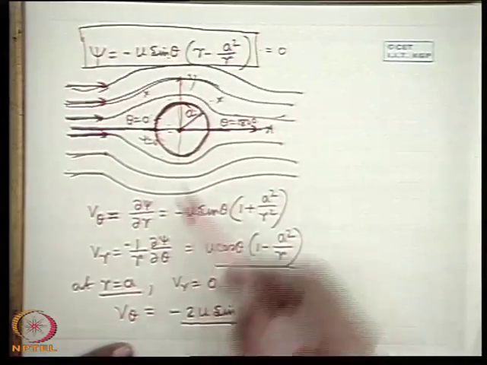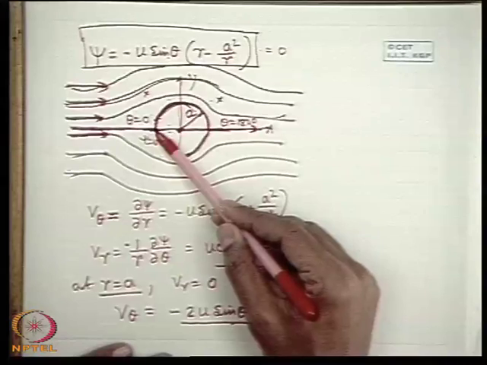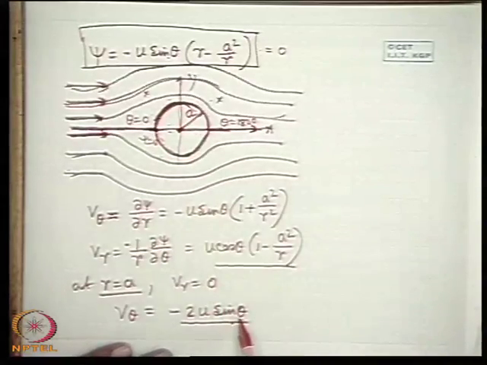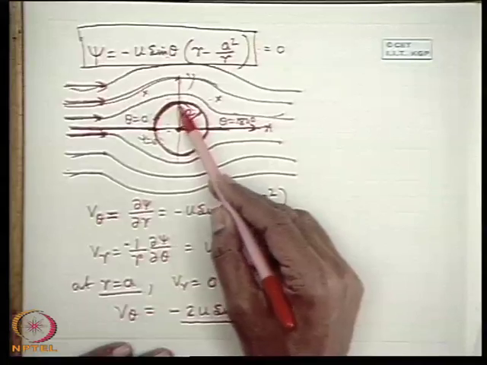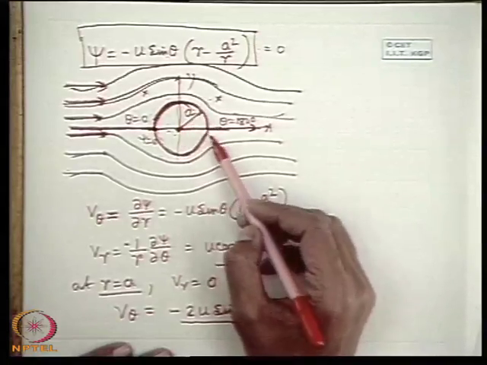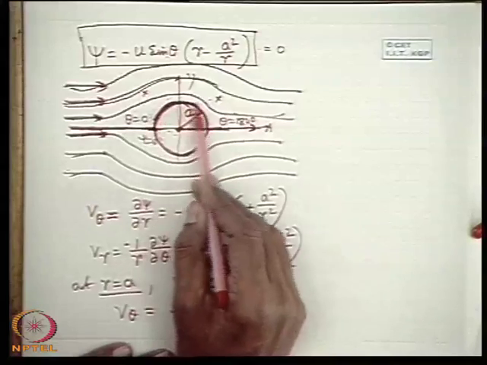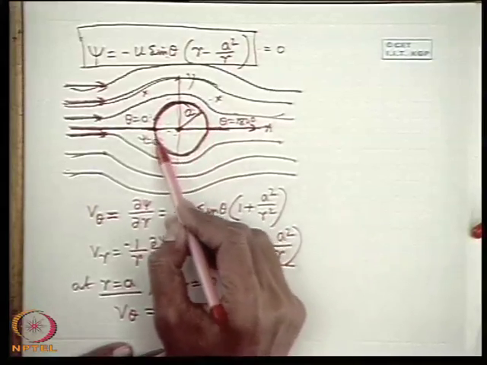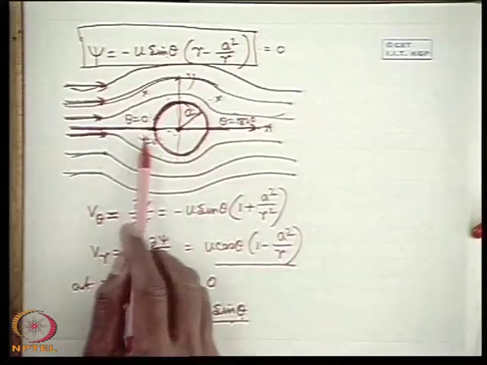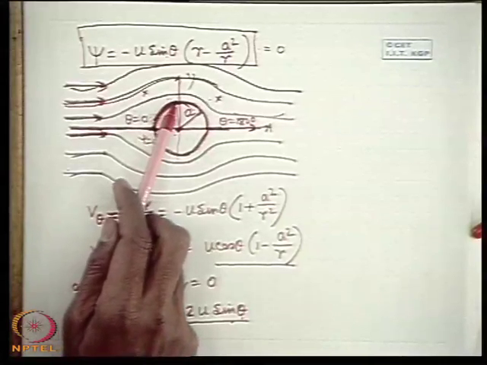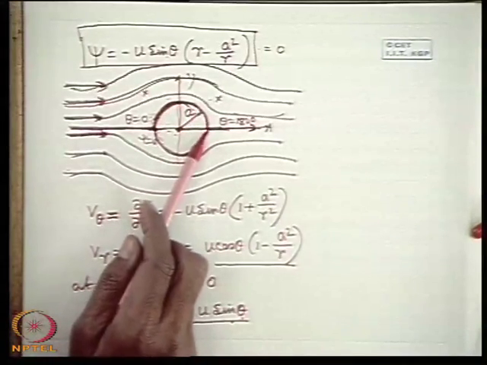If you think of this, the velocity first becomes 0 here, theta equal to 0, then it goes on increasing to theta equal to pi by 2 because the sine function attains its maximum value there, and then again it is reducing from pi by 2 to 180, and the same trend continues in this arc with a negative sign. That means the numerical value of the velocity is 0 here and then increases to the maximum, again comes to 0, and the same thing is repeated here.